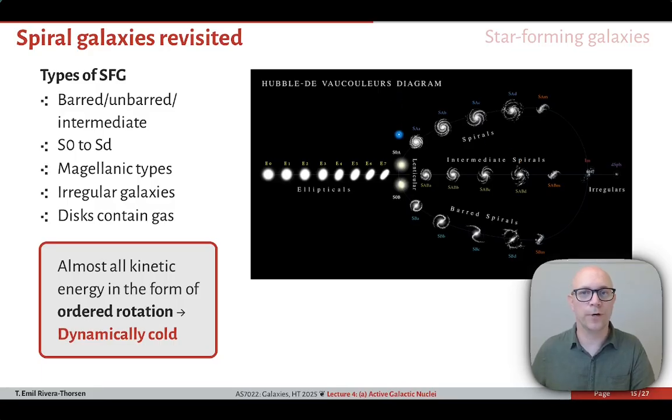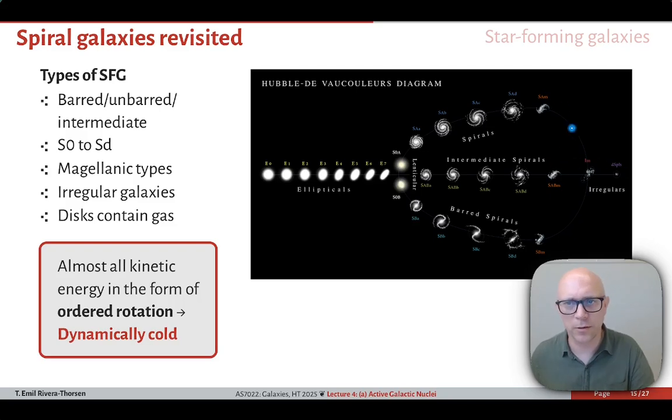And when we move from the S0 to the SD, we move from S0, which are lenticular, to SA, with more tightly wound spiral arms, more dominating bulges, and so on. And finally, out here, we also have the irregular galaxies.